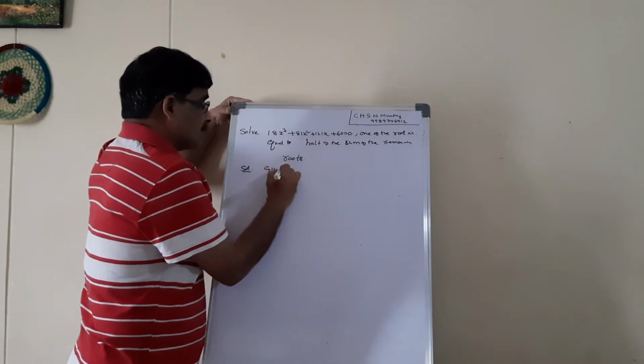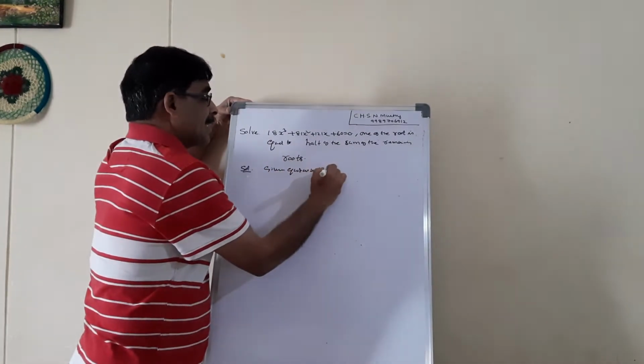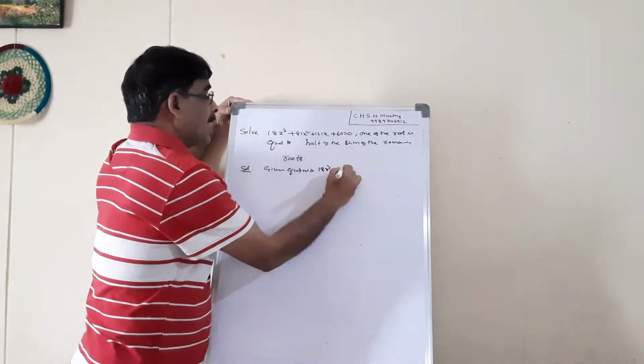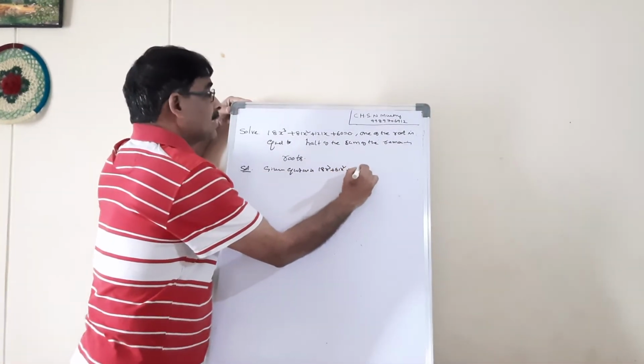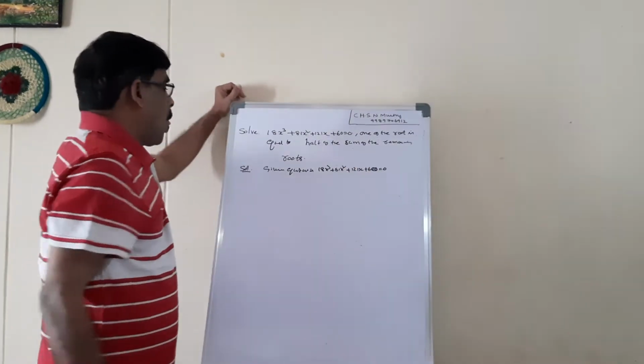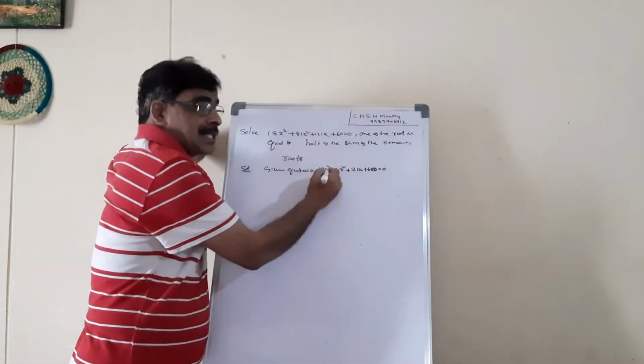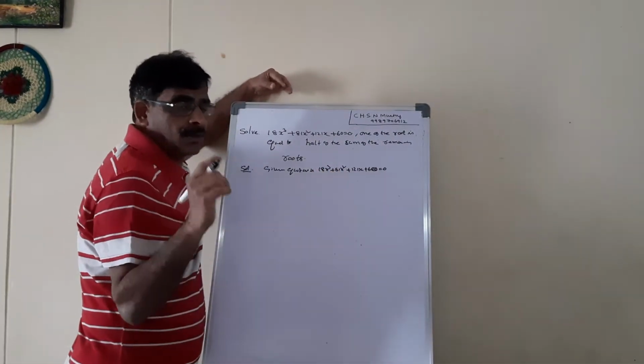The given equation is 18x cube plus 81x square plus 121x plus 60 equal to 0. We have to make the coefficient of the highest degree, x cube, equal to 1.